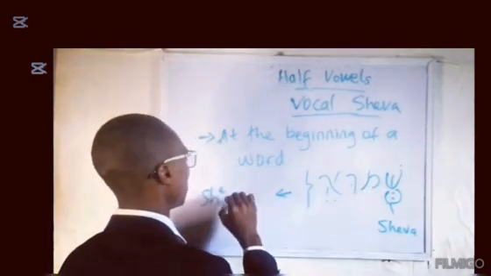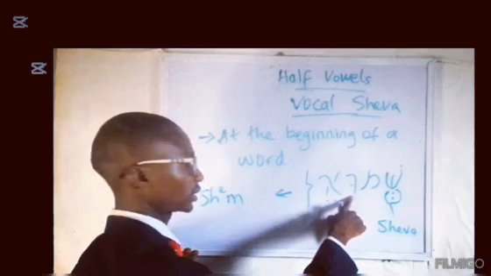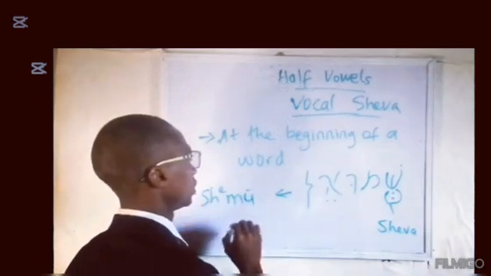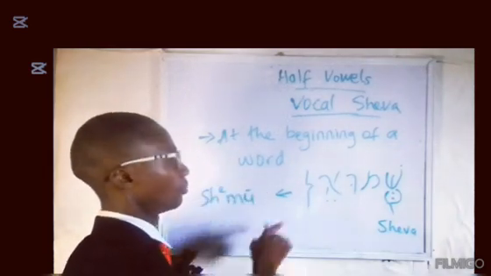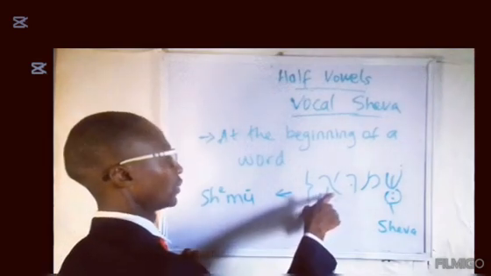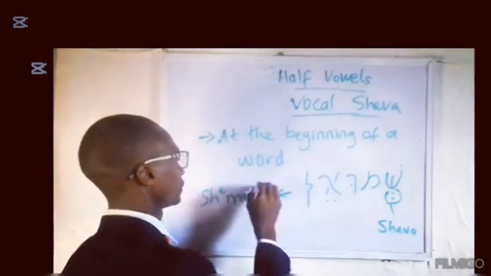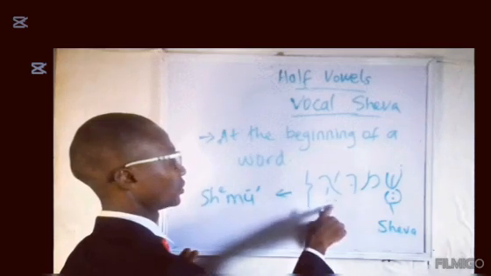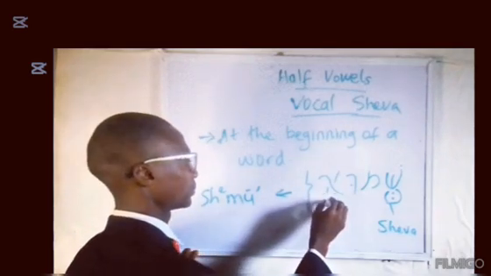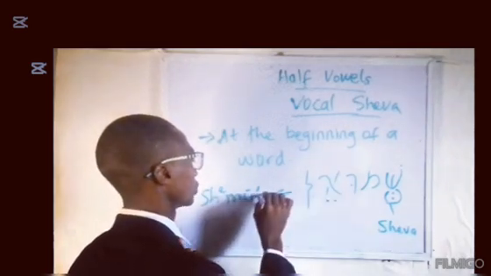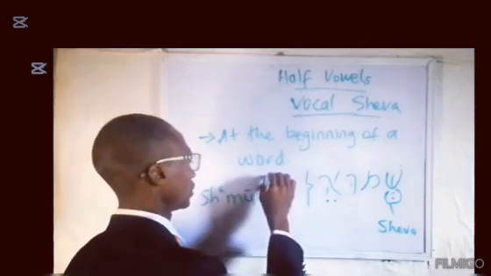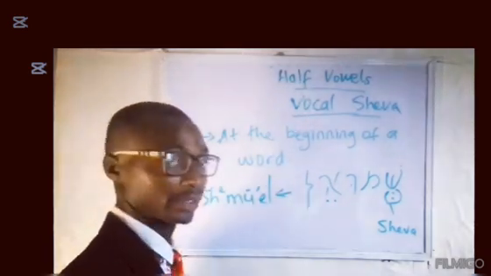Mem. Correct. This long vowel. Long vowel. Now we have this Aleph. Then Zeri. So vowel. We have Ahmed.